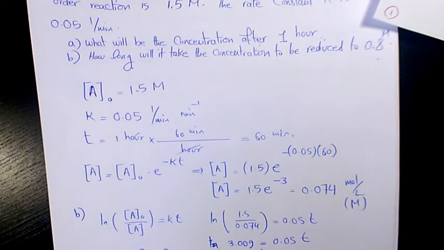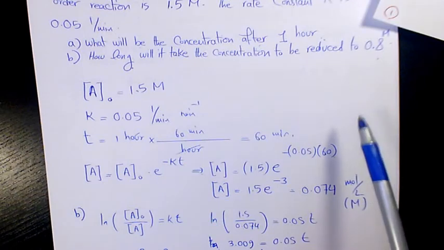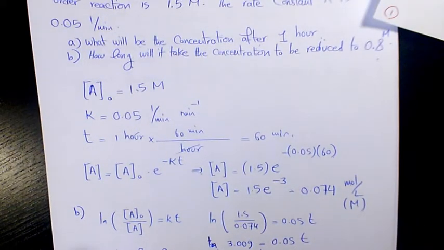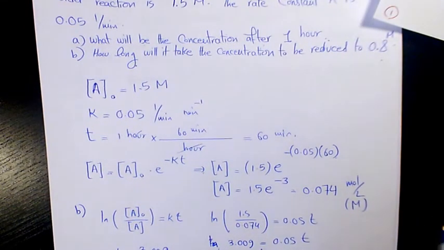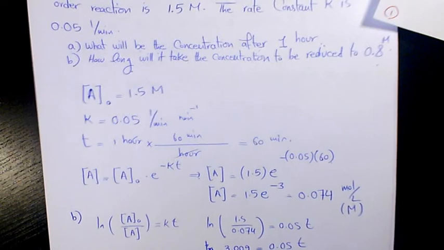So it's going to be roughly 60 minutes. The concentration is going to reduce to 0.8 molar. So in the first part, we had time and we calculated the final concentration. In the second part, we had the final concentration and we calculated the time.